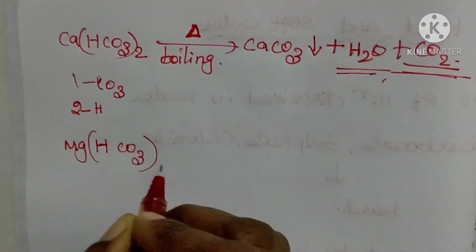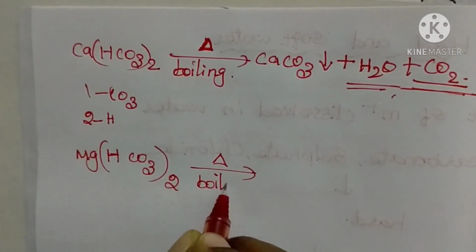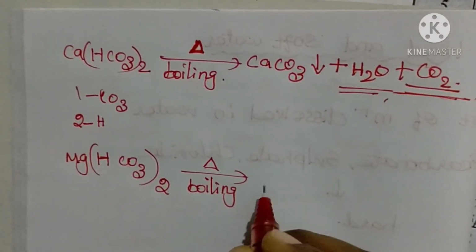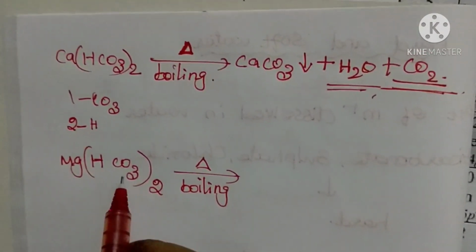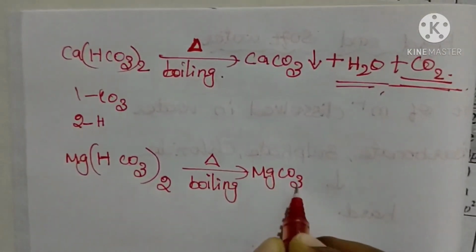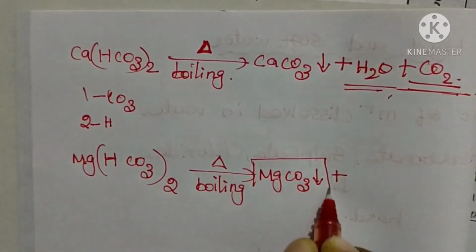So magnesium bicarbonate undergoes the boiling reaction. Then, as in the previous reaction, magnesium carbonate is precipitated out. So the metal cation is combined with the carbonate.